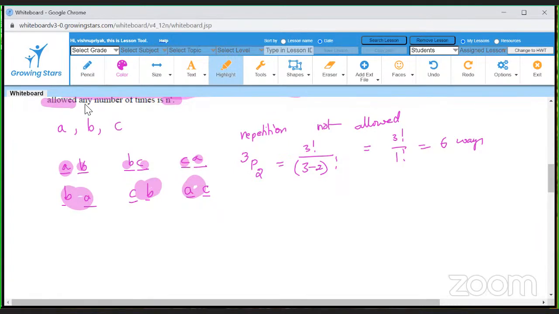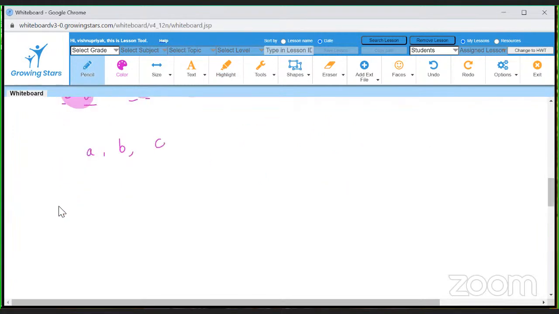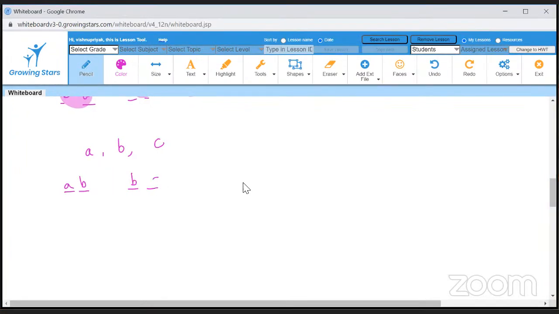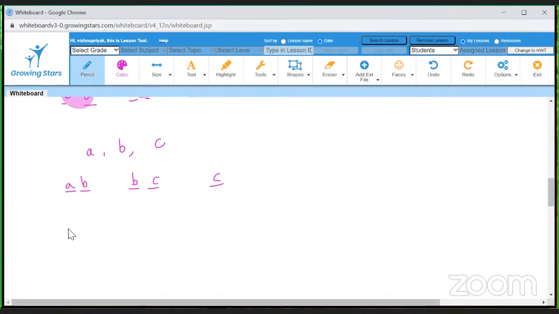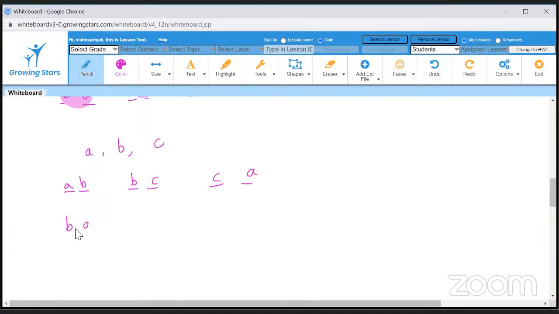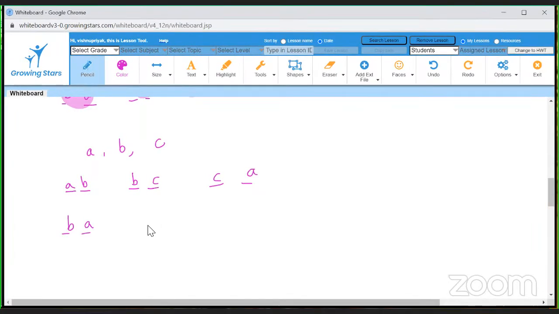But suppose repetition is allowed, in the same case A, B, C, where you have to take two things and arrange. That will be AB, BC, CA, BA, CB, AC.